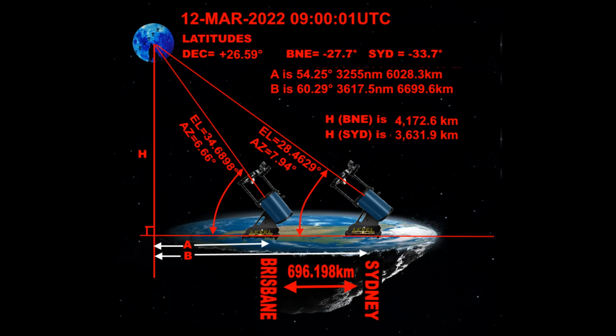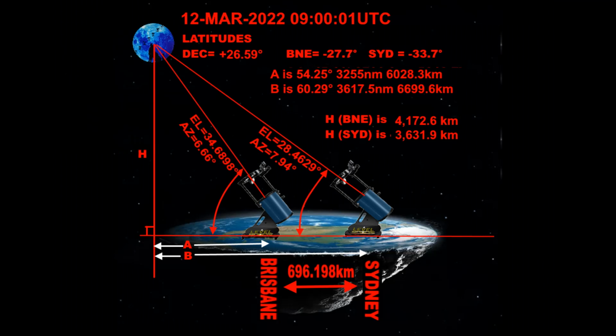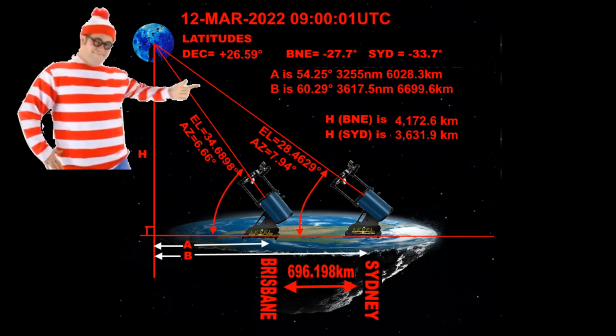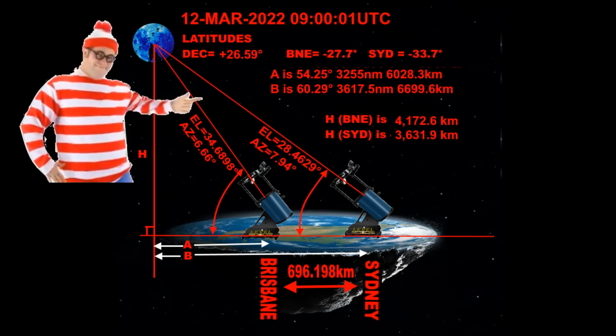The difference in the degrees between both Uber sextants and the GP of the moon are as follows. 26.89 north of the equator, that's where the moon was. To that we add the latitude south of the equator. So the two angles are 54.25 and 60.29 degrees.